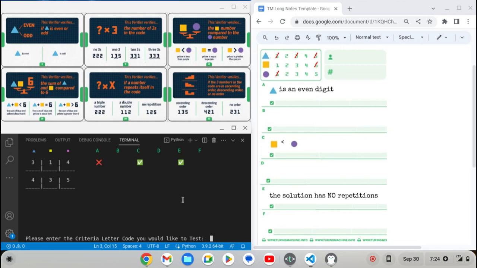Okay, so the whole purpose for that proposal was to test criteria card D. So let's go ahead and do that. Okay, so the sum of the first 2 digits is not greater than 6. Very interesting. So let's go ahead and type that up.